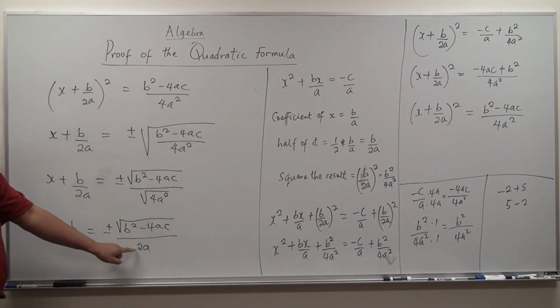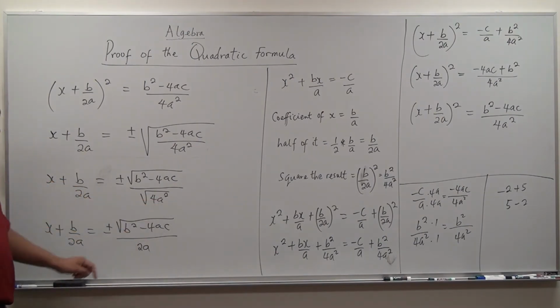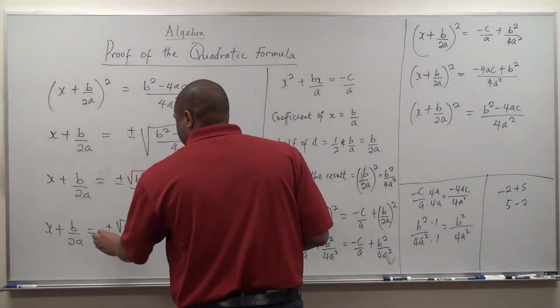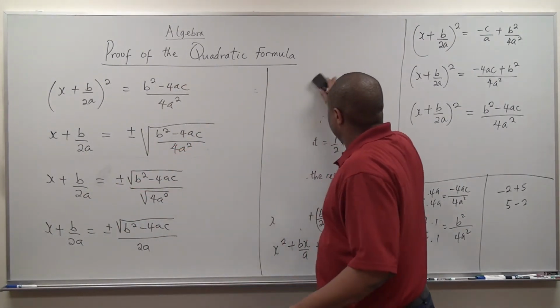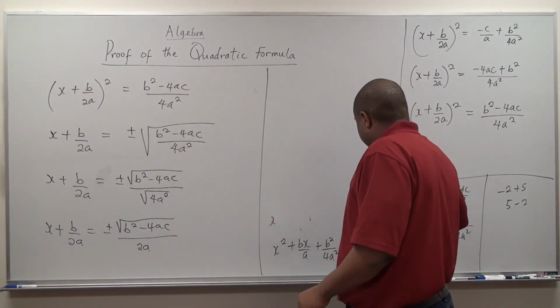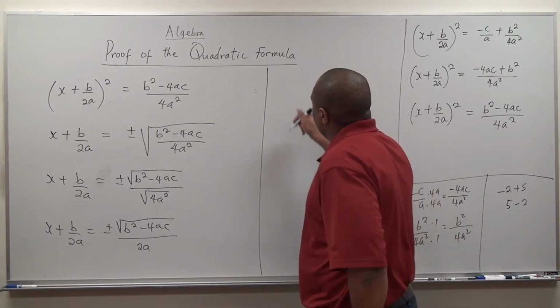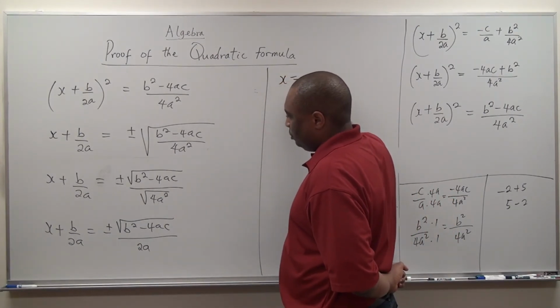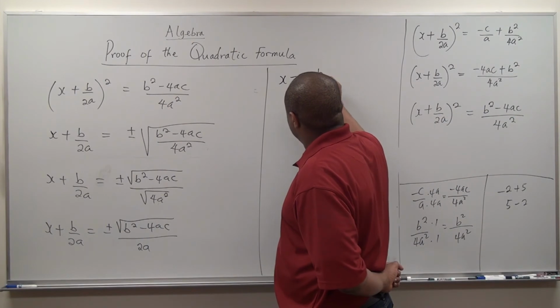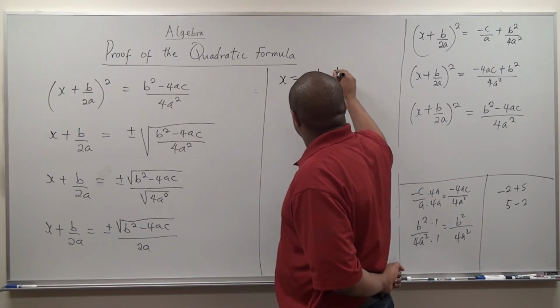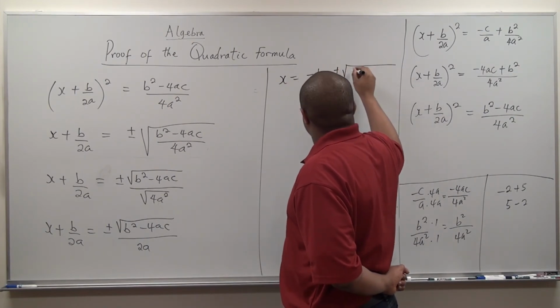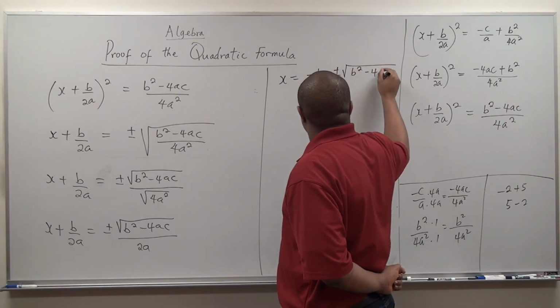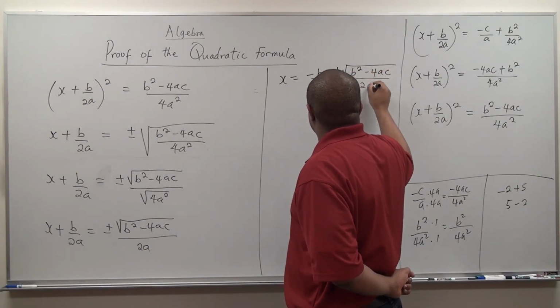Because square root of 4 is 2, square root of a squared is a. Okay, radicals. So now we have that x is equal to negative b over 2a plus or minus square root of b squared minus 4ac all over 2a.